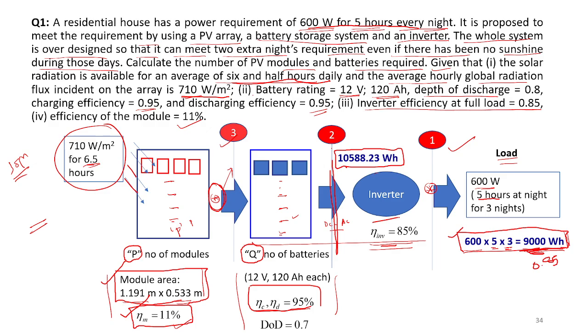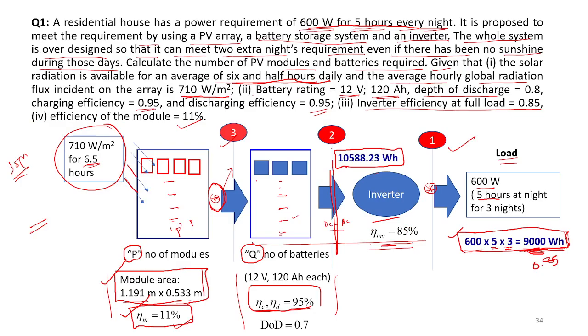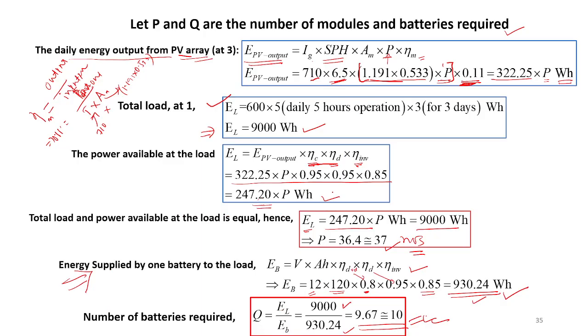So these two we have to keep in consideration. So the actual power available at the load will be multiplied by the charging and discharging efficiency of battery into the efficiency of your inverter. So this much power is available at your load. So this should be equal to your power requirement. So the energy generated should be equal to your energy required.